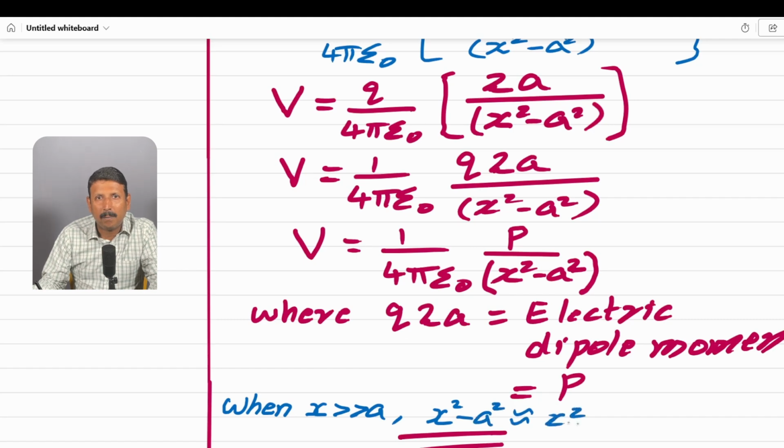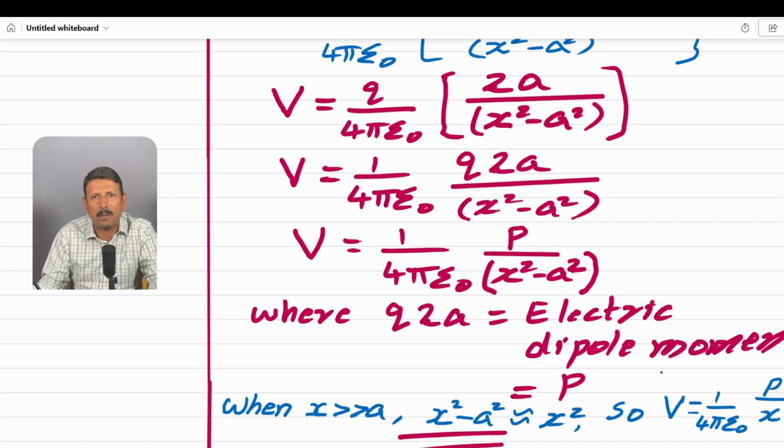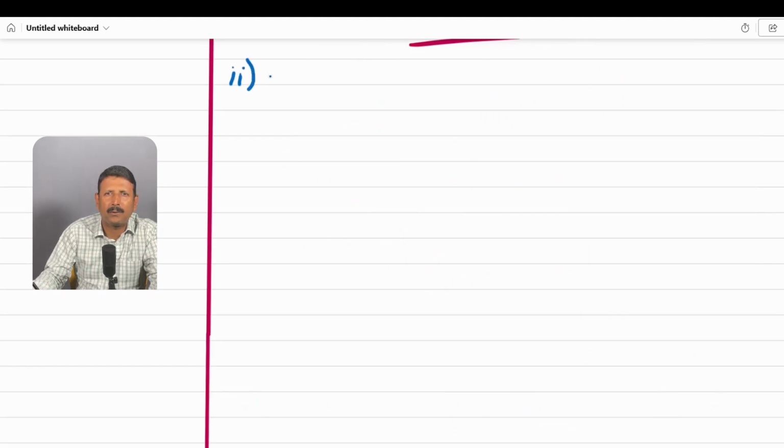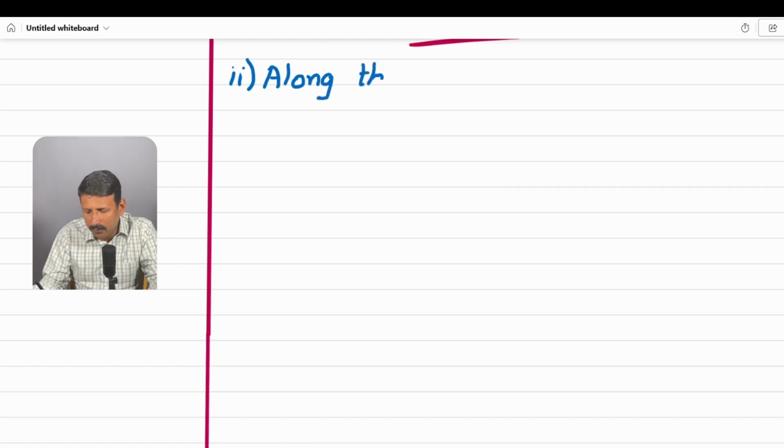So x square minus a square is approximately equal to x square, because we can neglect the a square term, which is a small value, and the square will be even smaller. So V is equal to 1 by 4 pi epsilon 0 P divided by x square. The a square will disappear. First part done. Now we come to the second part.